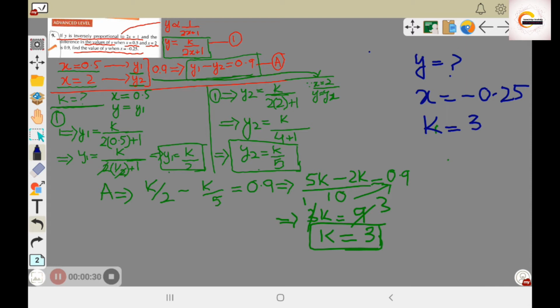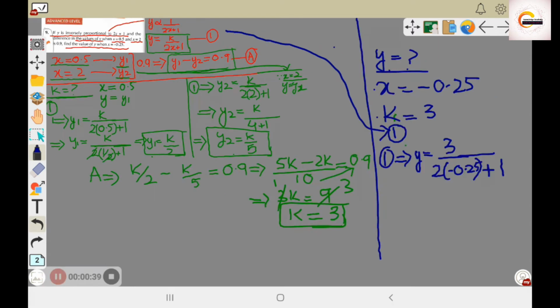We can put the value of x and k to get the value of y in formula number 1. Equation 1 will become y is equal to 3 upon 2 multiplied by minus 0.25 plus 1. Do you know what is the meaning of 0.25? Yes, it is 1 upon 4.